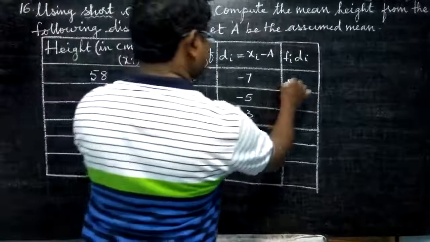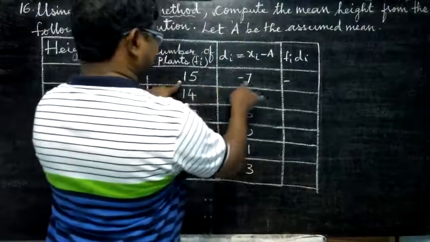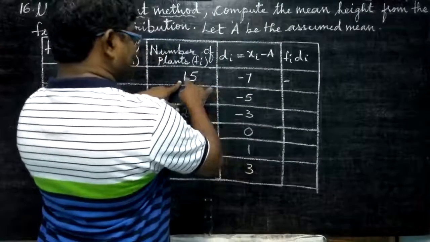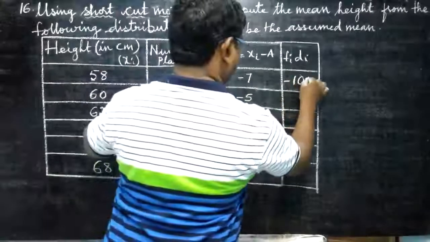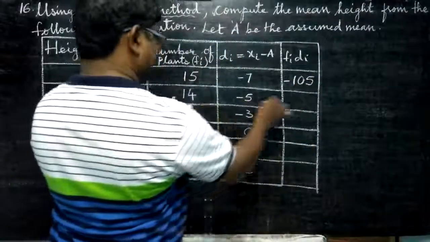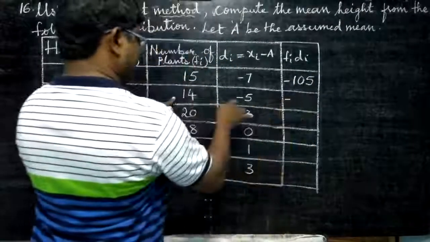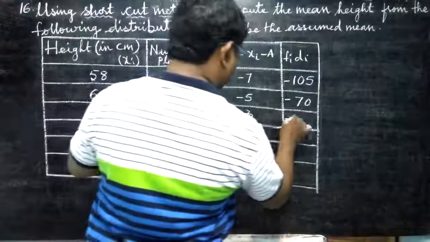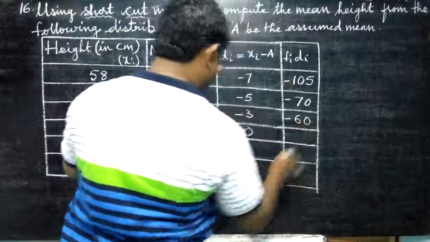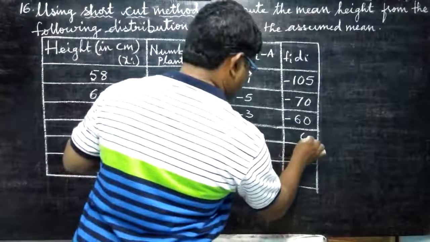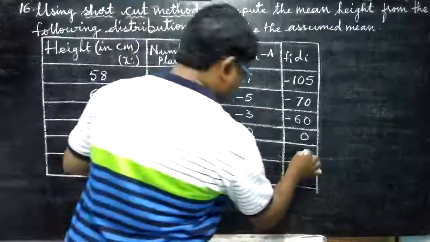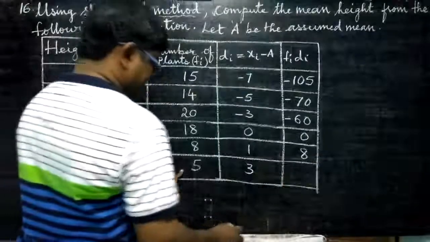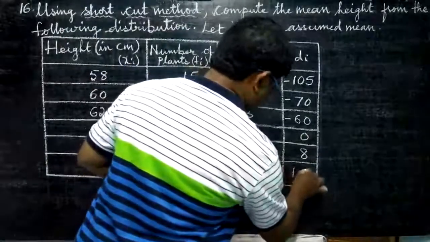Plus into minus, minus. 15 sevens, 5 sevens, 35, 3, 105. Next, plus into minus, minus. 14 5s, 70. Plus into minus, minus. 20 3s, 60. 18 zeros are 0. 8 ones are 8. 5 threes are 15.